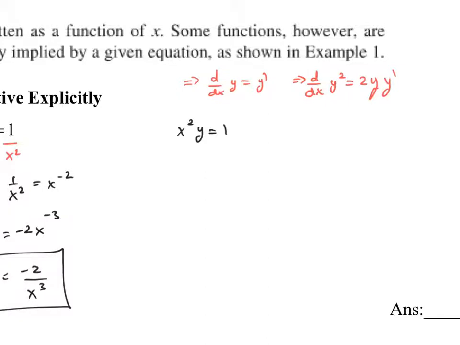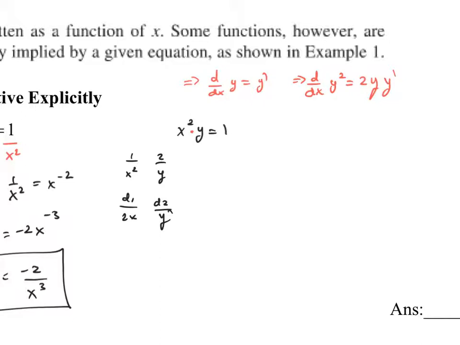So if you look at this, x squared times y equals 1, how could we do this with implicit differentiation? Well, that's a product rule, right? The first function's x squared, the second function's y. The derivative of the first function would be 2x, and the derivative of the second function, well, the derivative of y is y prime, isn't it? I'm going to write it as y prime.